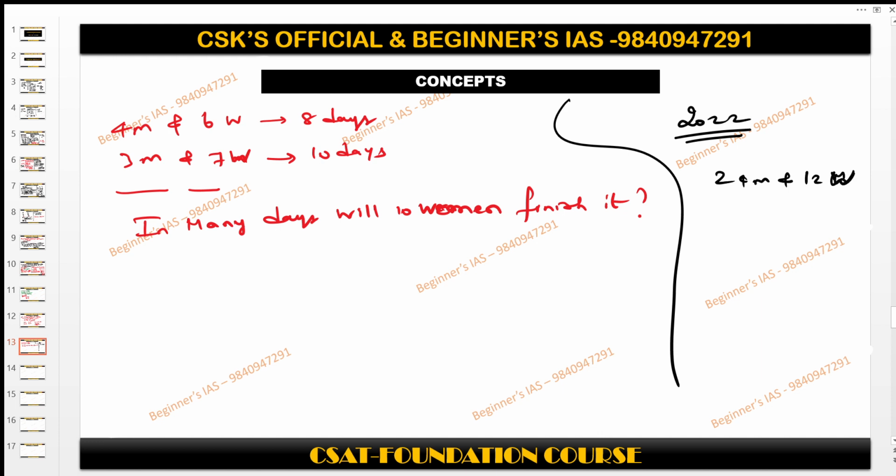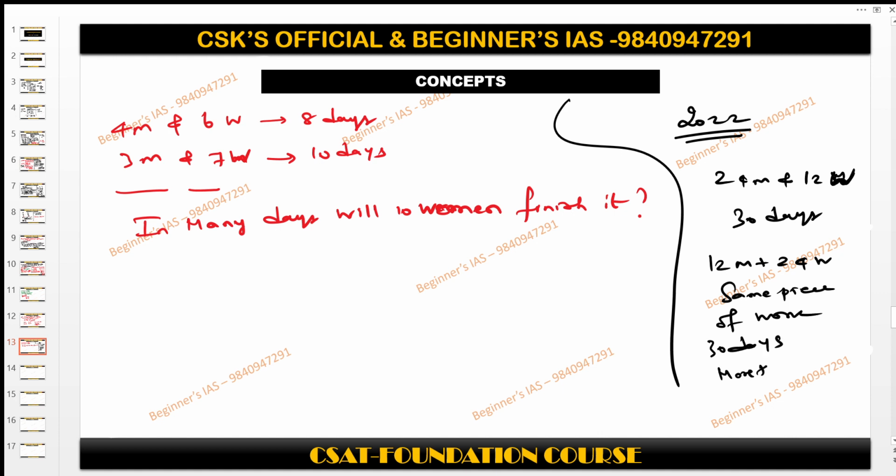24 men and 12 women can do a piece of work in 30 days. Listen carefully. In how many days can 12 men plus 24 women do the same piece of work? See the options here. Options are very important. 30 days, more than 30 days, less than 30 days, or data inadequate.